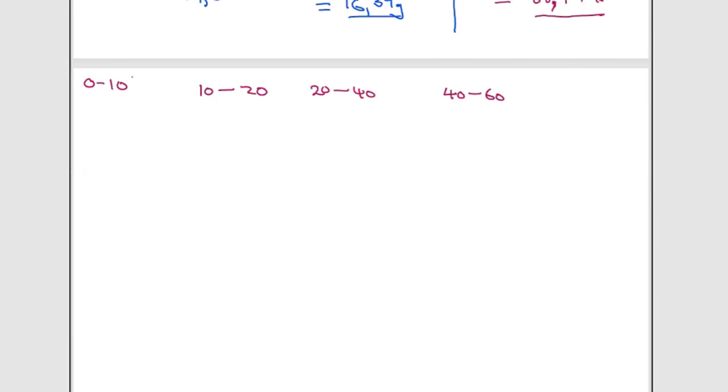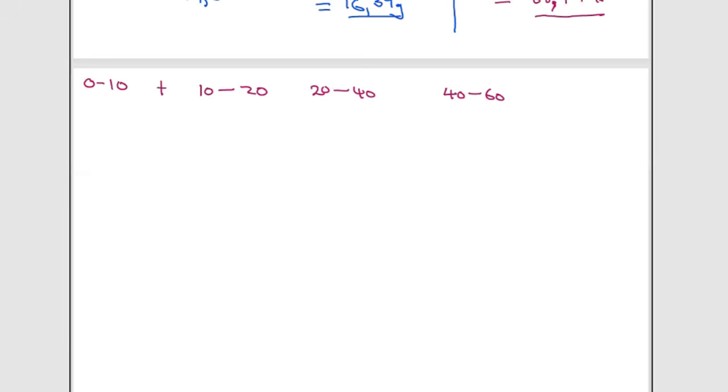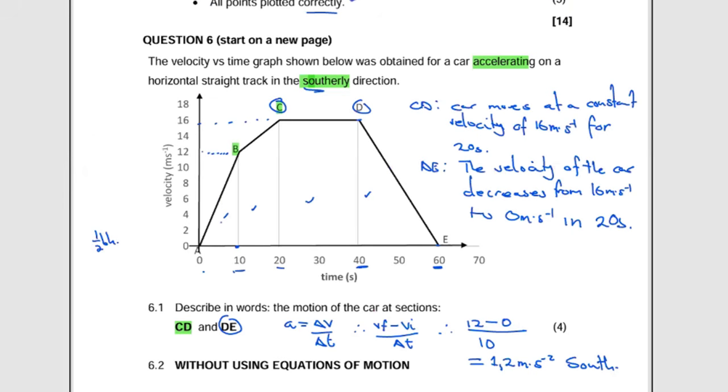So after that, I'm supposed to add all these, right? From 0 to 10, what type of shape do I have there? You can see this is a triangle, so the area is half base times height, and then plus the second one. The second shape is a trapezium.